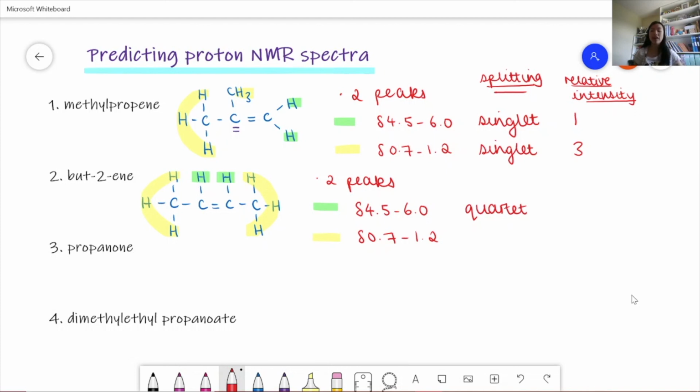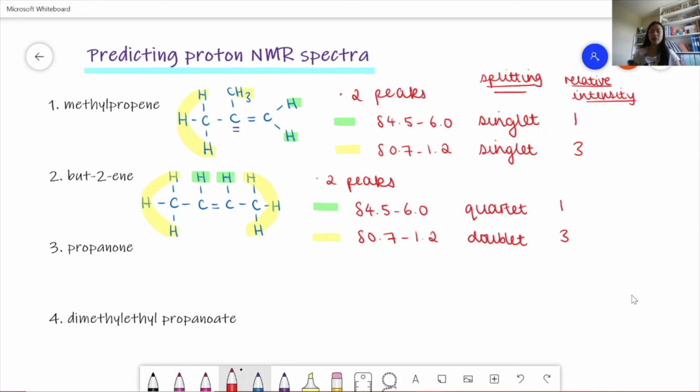And then looking at the yellow hydrogens, we have next door 1 hydrogen on the adjacent carbon, and so we must have a doublet peak. And now looking at the relative intensity, we have 6 of the yellow hydrogens and 2 of the green hydrogens. And so again, we must have a relative intensity ratio of 1 to 3.